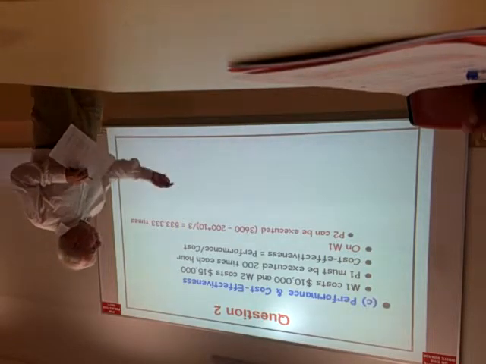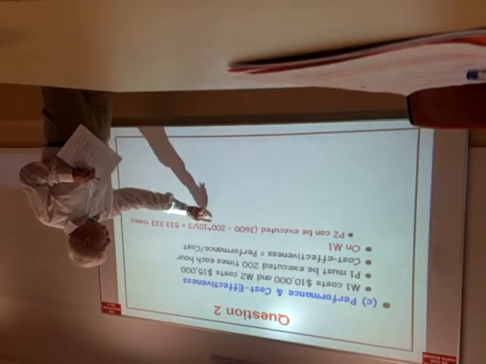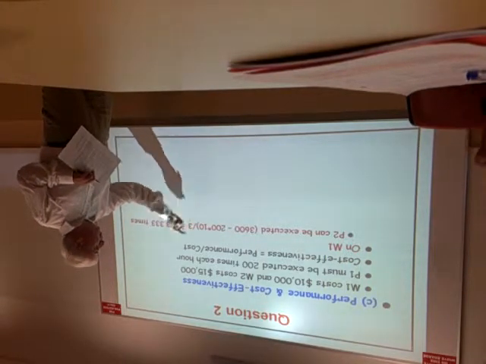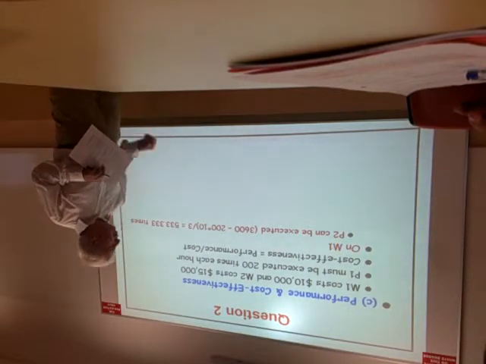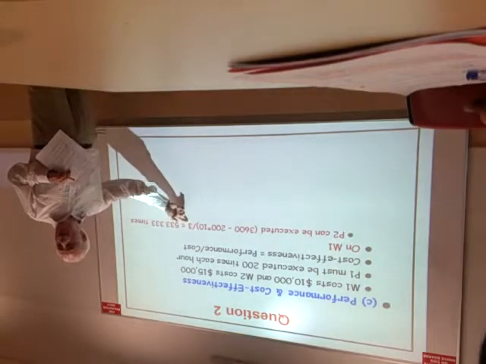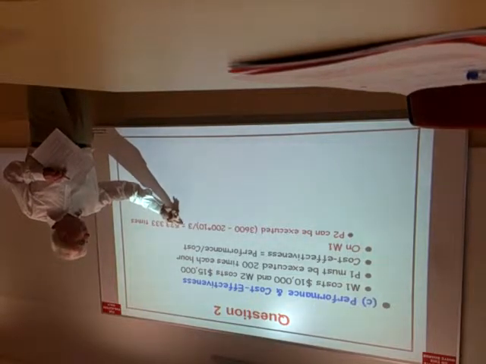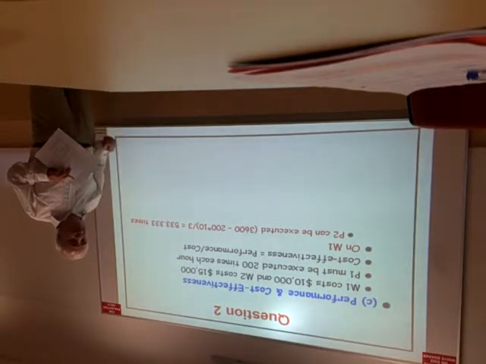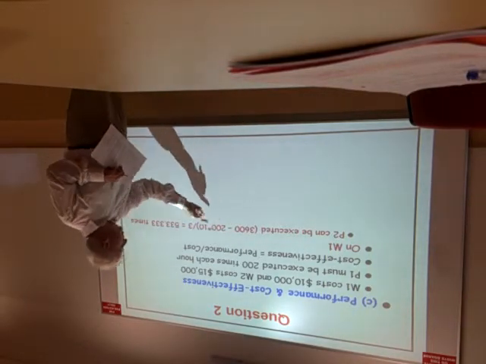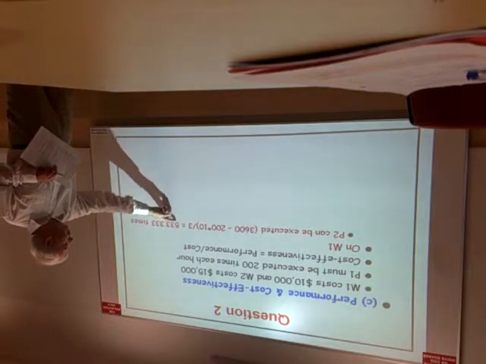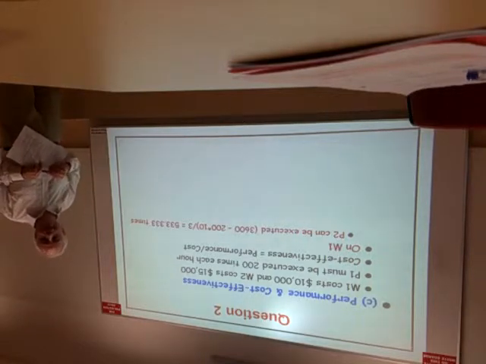So in an hour we have 3,600 seconds, and P1 will take 2,000 of those seconds. So we have 1,600 seconds left. And P2 takes 3 seconds on machine M1, so the number of times we can execute P2 per hour is 1,600 divided by 3, which is 533.333.